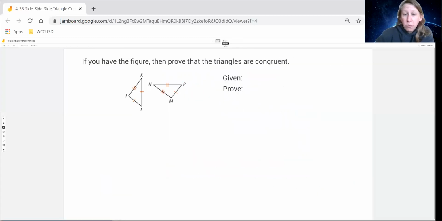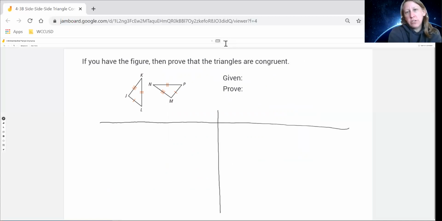All right, we're going to do this, which is a two-column proof. It says we are supposed to prove that if you have a picture that looks like this, if you have this figure, I want you to prove that the triangles are congruent. So if we have the figure as marked, this is one on the worksheet that I'm asking you to do.